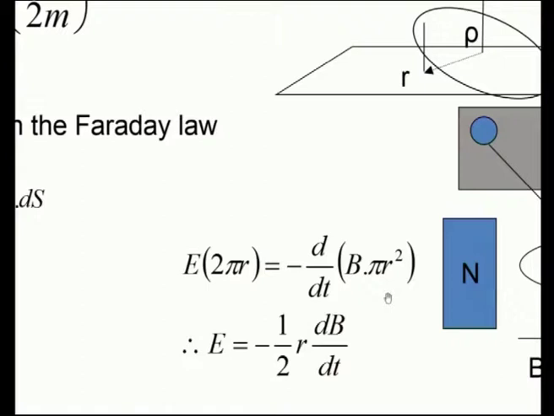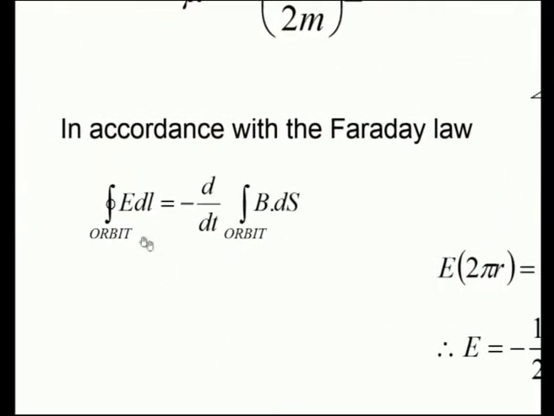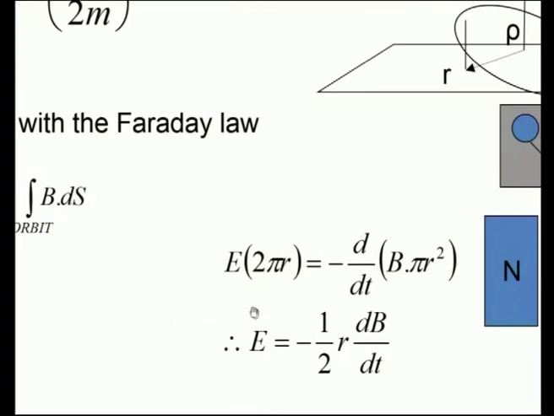Here if we carry out that integration, what we have is E multiplying 2πr. Here we assume that E is constant. If you assume a constant energy loop, then the field E is constant there, and so E can be taken outside the integral, and so dl can be integrated to get 2πr. If it is a circular orbit, then on the right hand side in the same way B is constant and dS is the surface area.